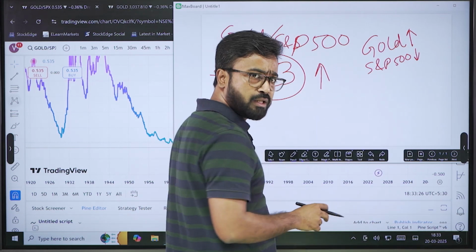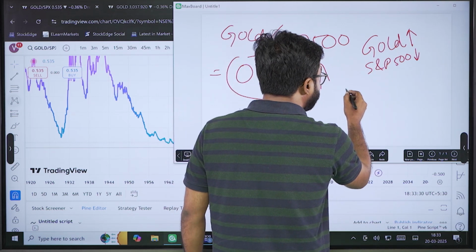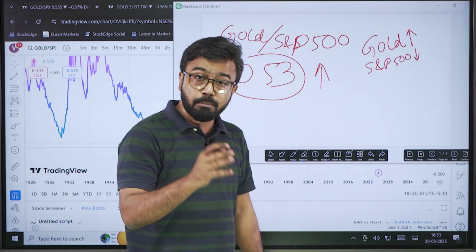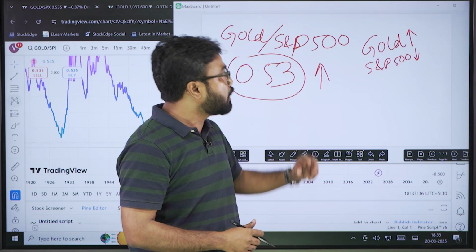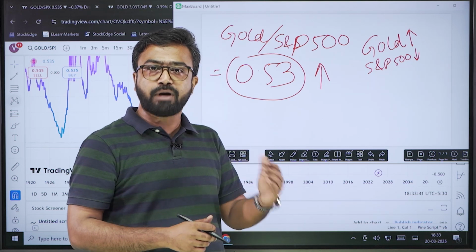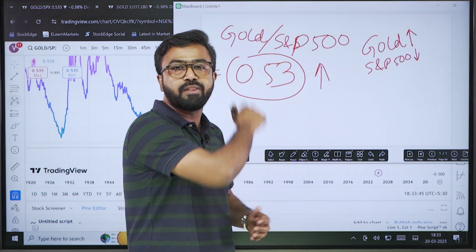This is one probability. There is also another probability that both of them will rise, that is, gold will also rise and S&P 500 will also rise. But in that case, the quantum of rise in gold should be higher than the quantum of rise in S&P 500. Then only that ratio chart will move on the upside.